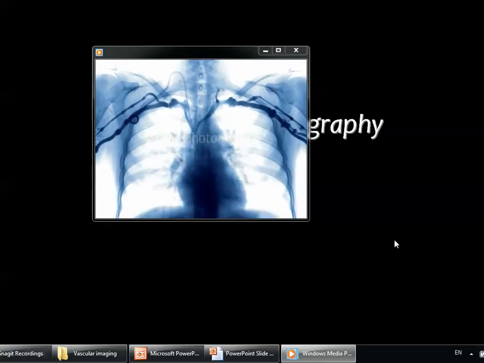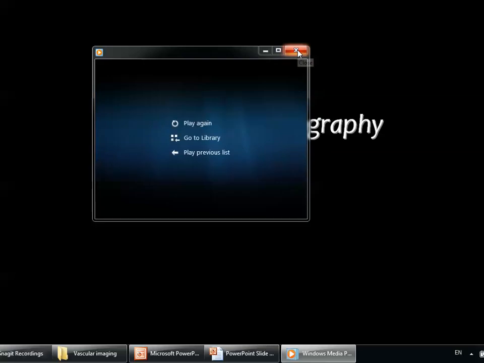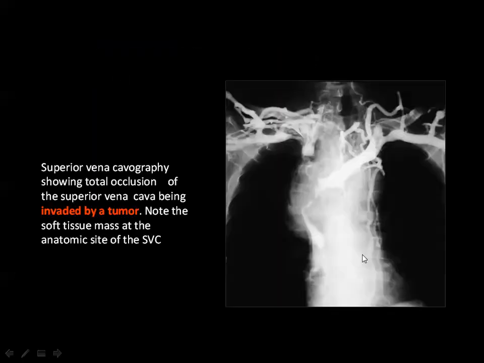But later on, after the availability of CT and MRI, we can easily see the superior vena cava through these techniques.